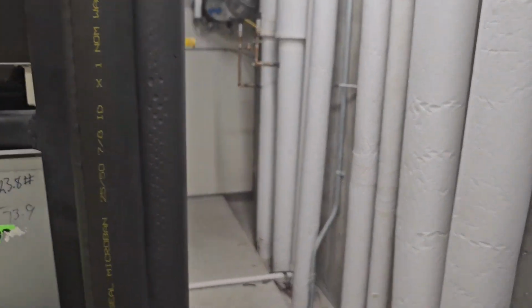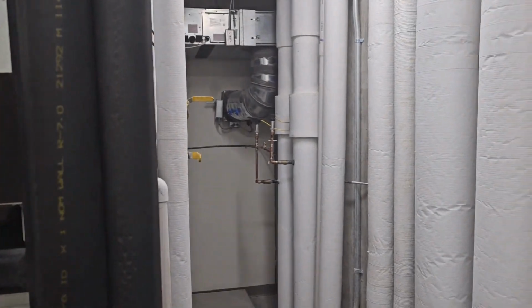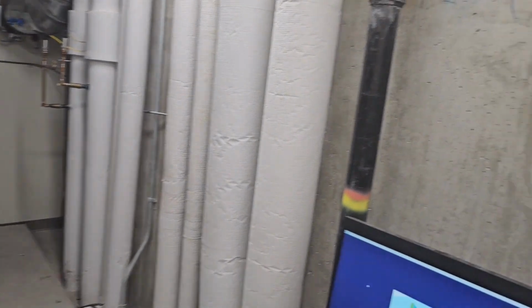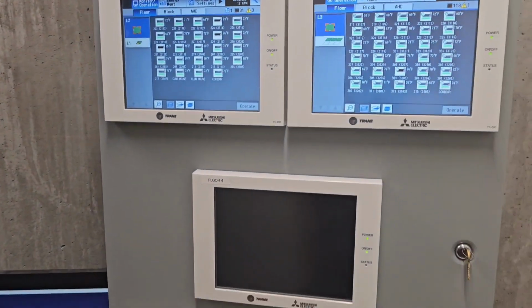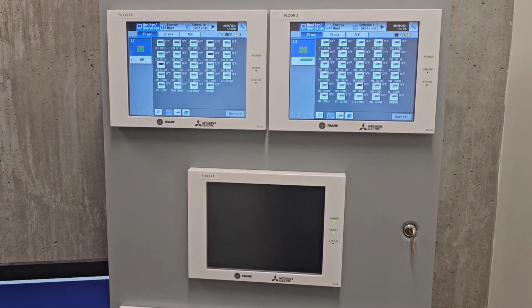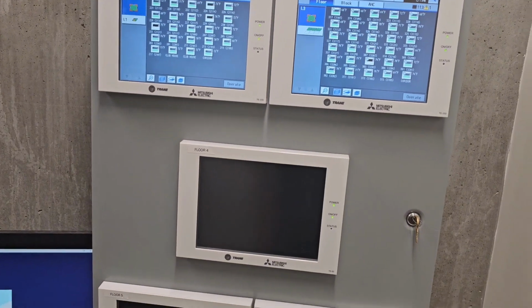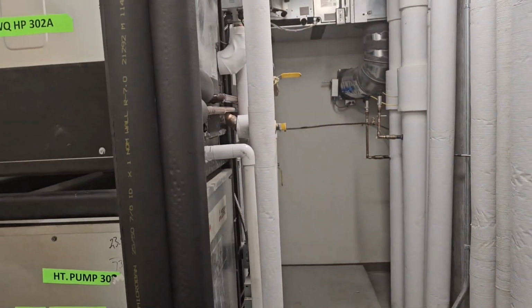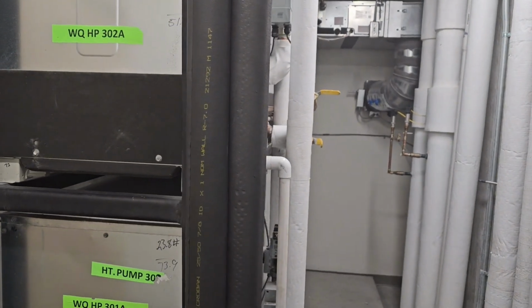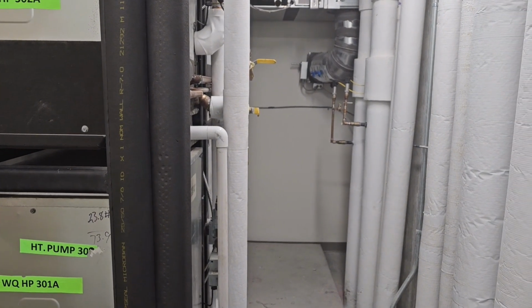Alright guys, I'm back at this site again today. This one keeps pumping out some good problems. So on the last video or so, I showed how you can get in here and figure out what address the fan coil is that you're looking for, because I've got two sets of condensing units or outdoor units that all have their own indoor units connected to them.